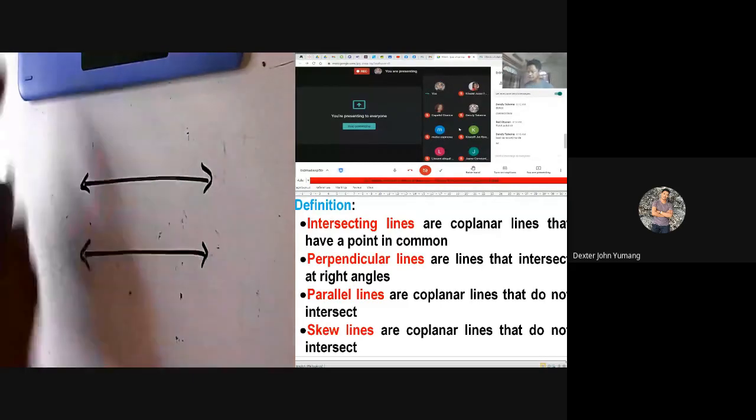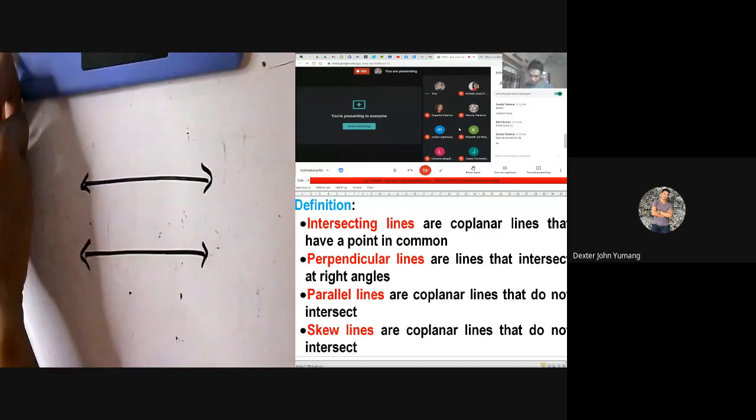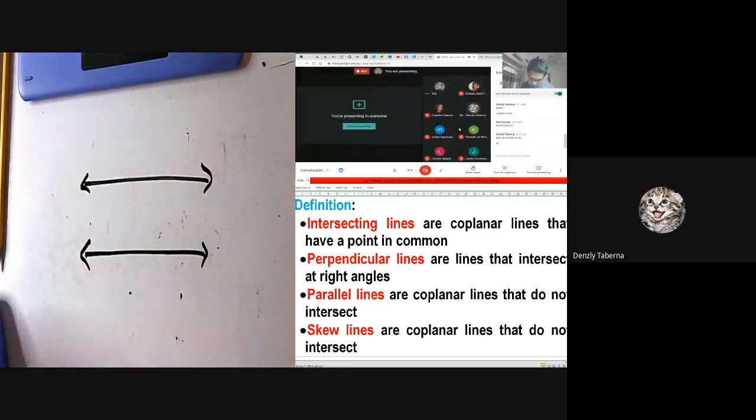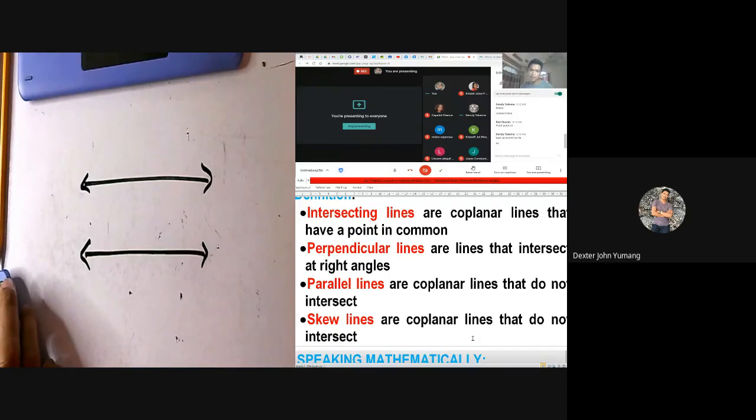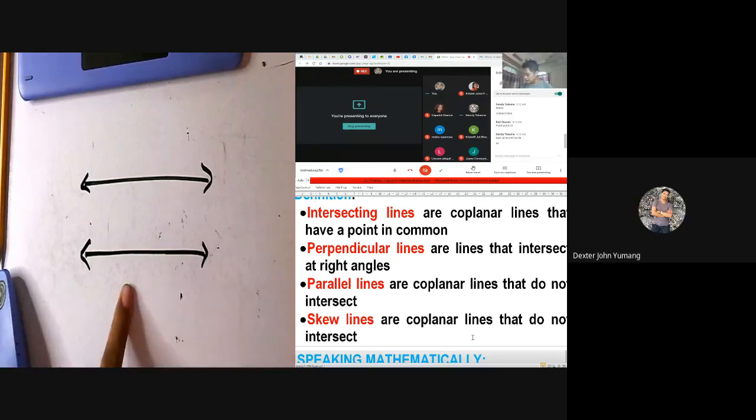Okay? So, please copy the definition. Skew lines are coplanar lines that do not intersect. Parang parallel din siya, pero ang parallel nasa flat surface like this.